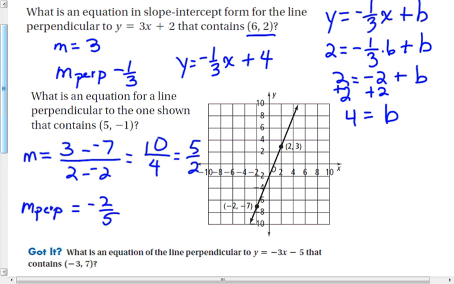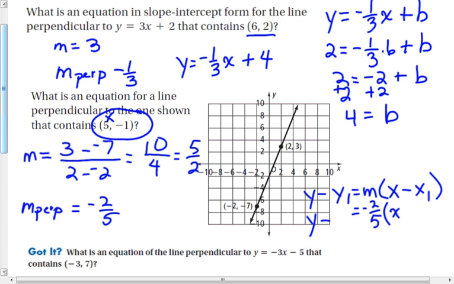And now I can write the equation. Since it doesn't say what form we want this equation in, let's just use point-slope form. So y minus y1 is equal to the slope times quantity x minus x1. And I can substitute for the slope, -2/5, and for the x value and y value, this point here, 5 for x, -1 for y.